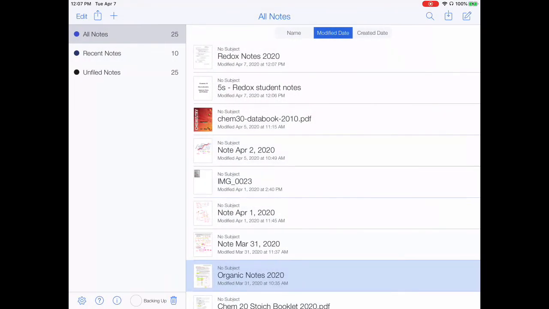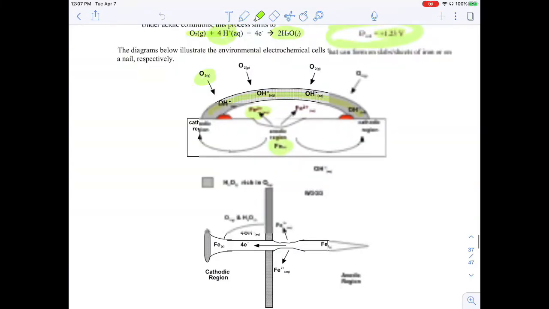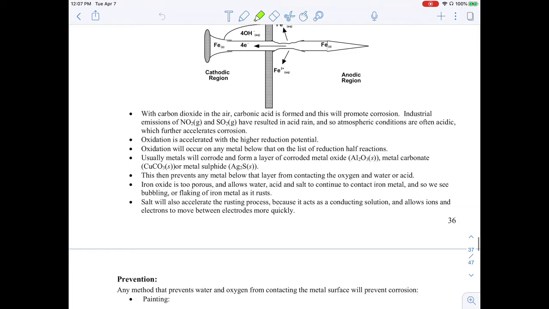So, how do we limit the amount of corrosion? Corrosion is first of all made worse by acid, and so carbon dioxide in the air makes carbonic acid, and nitrogen dioxide and sulfur dioxide increase acid rain, which further makes corrosion worse. Oxidation will occur on any metal below that on the list of the reduction half reactions.